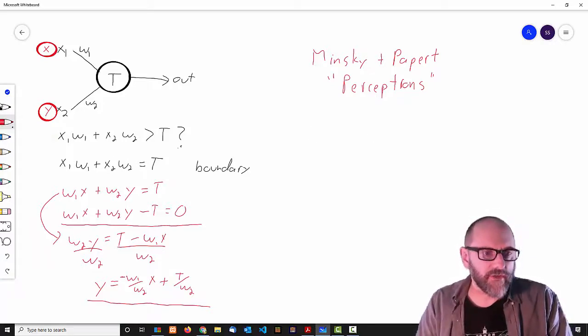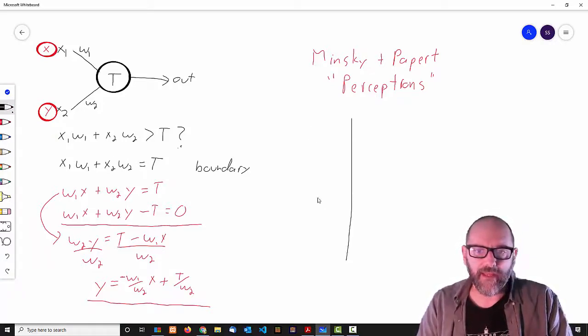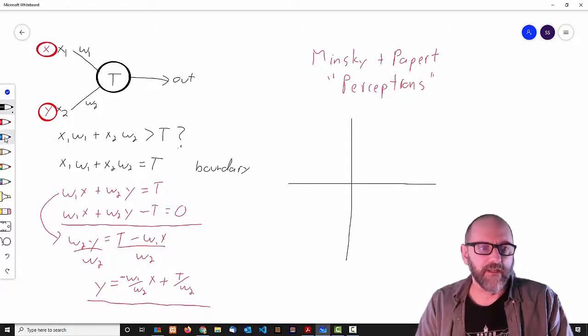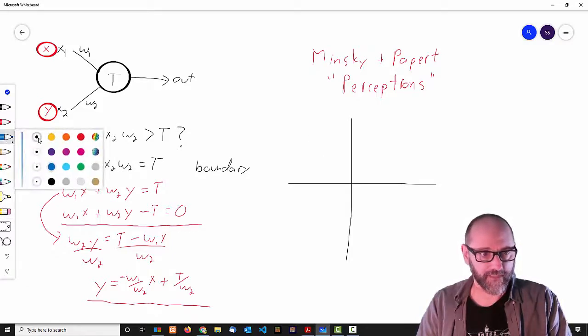So, what they showed is that, if you have a set of axes here, let me put a bunch of points on here. Oops, that's not very good. Let's try that again, but this time I will use a bigger brush, like this.